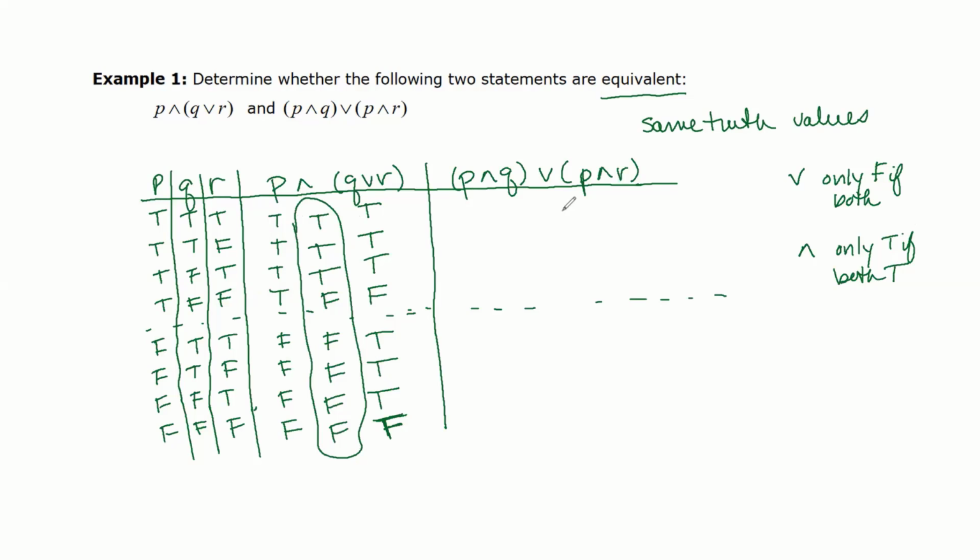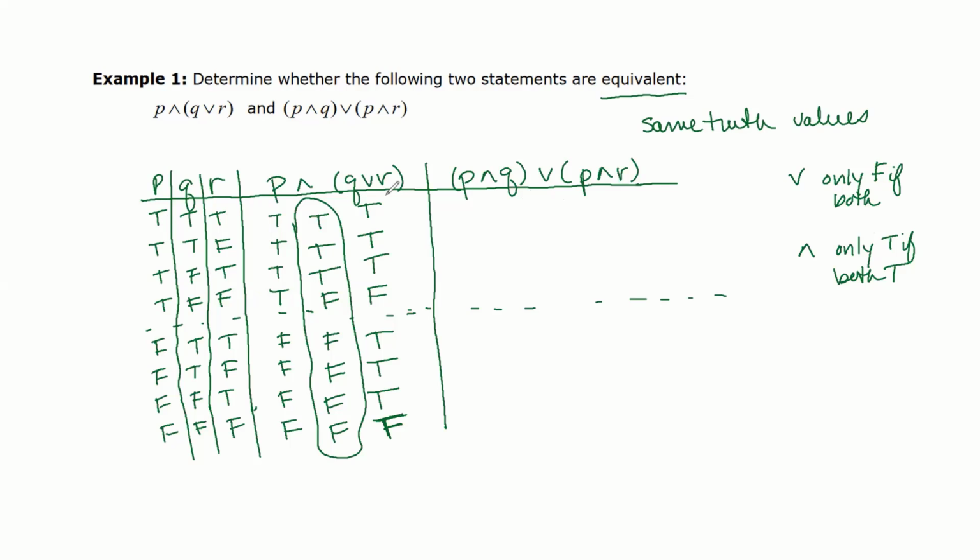Let's see what happens here. So I'm going to start with P and Q, and I'm just going to look to the left again and see if I can find the value without writing P, Q columns down. You're welcome to write them down if you wish. It's only true if they're both true.